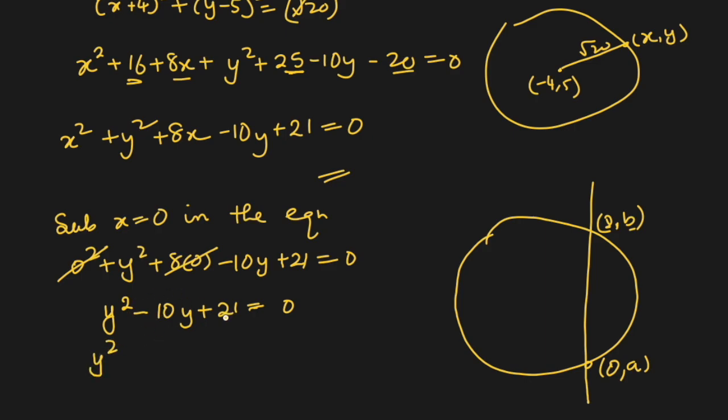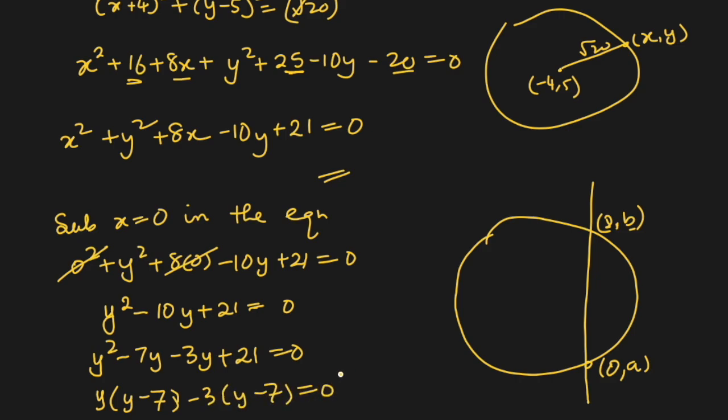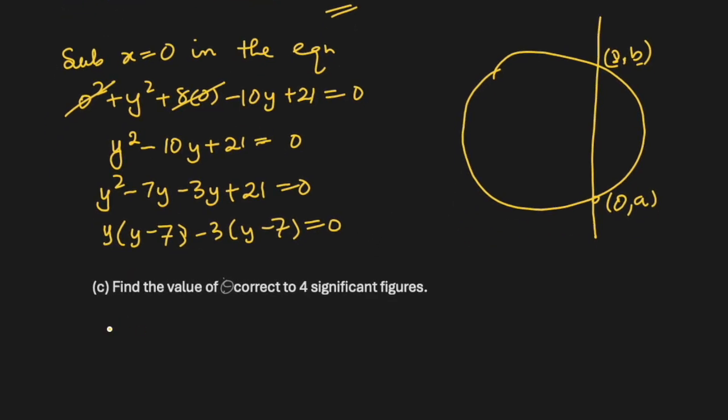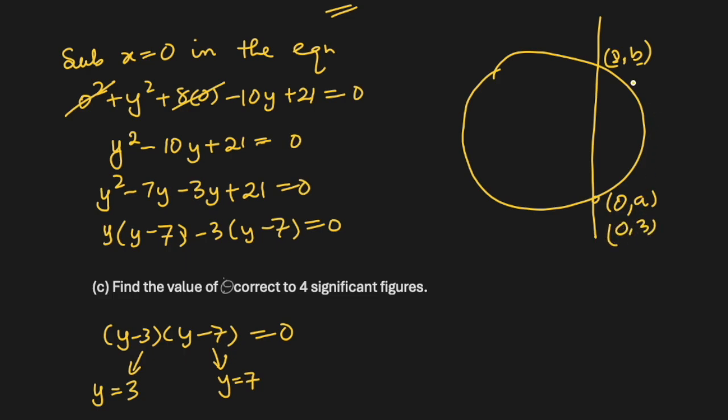Y square, because 21 has factors 7 and 3, I will write minus 7y minus 3y plus 21 equal to 0, and that becomes y minus 3 and y minus 7 equal to 0. That gives us two answers, y equal to 3 and y equal to 7, and they make perfect sense. So this becomes (0, 3) because this is lower, and this becomes (0, 7), which is higher.